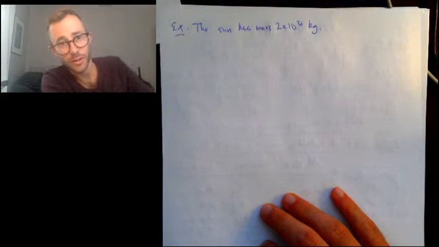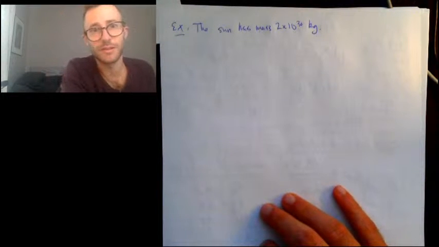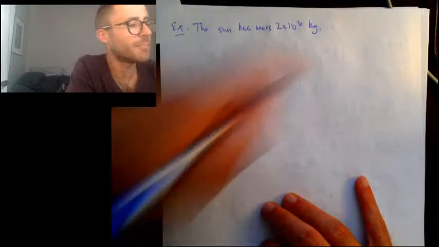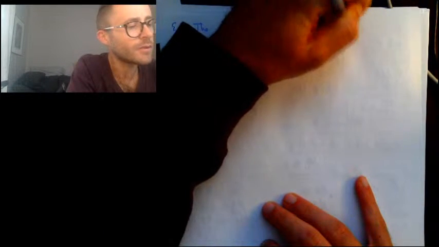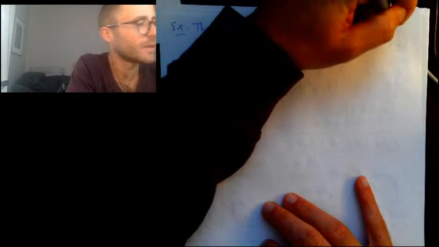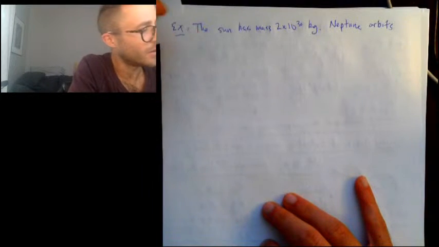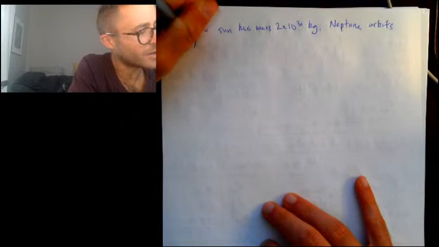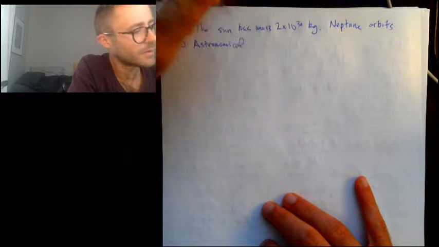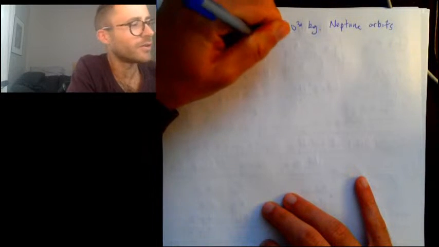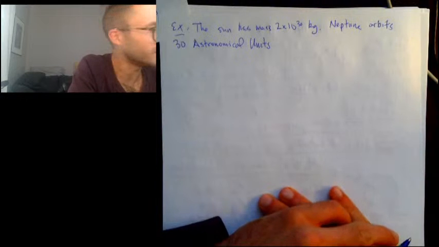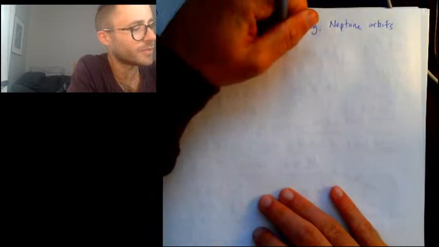Okay, how do we know that? We know that by observing the satellites of the sun. Neptune, the planet Neptune, orbits 30 astronomical units, and I'll explain what an astronomical unit is in a moment, away from the sun.